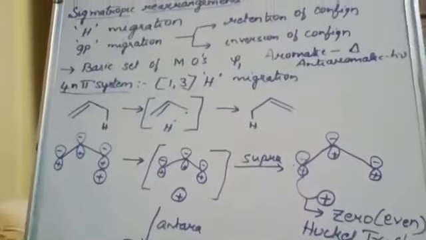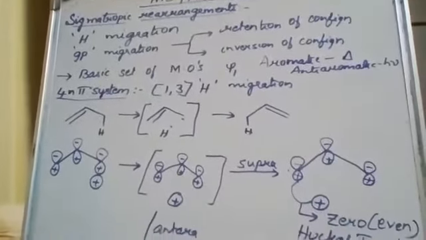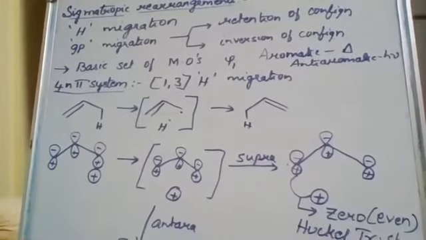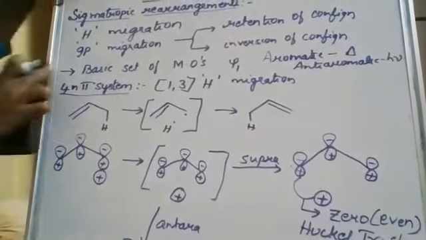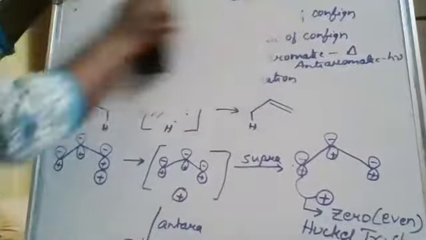We are going to do the next one, which is group migration. Okay, sigmatropic rearrangement, group migration, we are going to do with both retention and inversion of configuration. Okay. One three group migration.